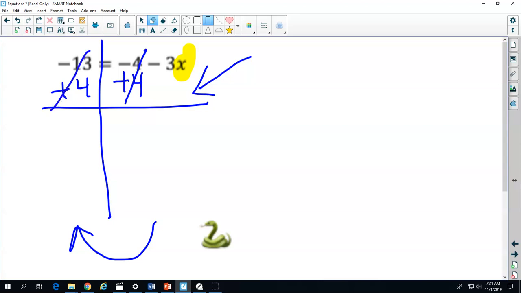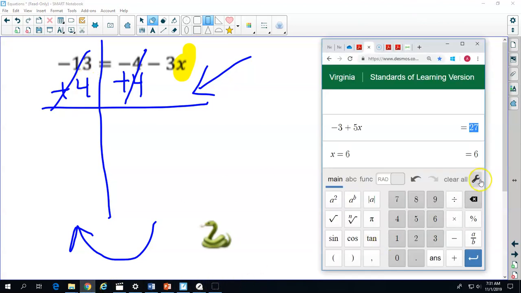And again, you guys, when you're trying to figure these out, like negative 13 plus 4, put it in your calculator if you're not sure. So you'd put in negative 13 plus 4, and I can get that negative 9. So this is going to be negative 9.